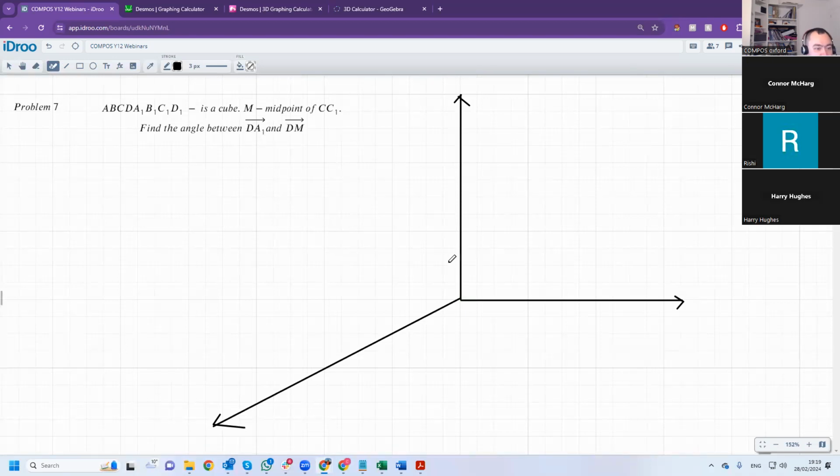Then you have ABCD. So we're looking for the angle between DA1 and DM. So which point would you put into the origin? Yeah, D. We point D into the origin.